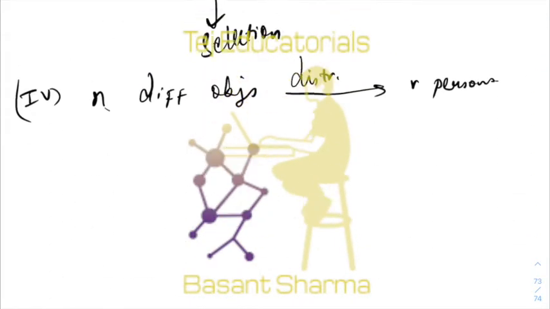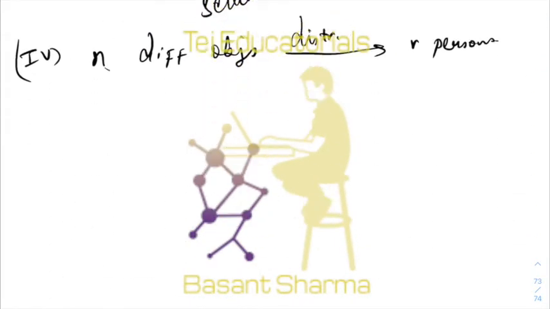Now the fourth case is n different objects are to be distributed amongst R persons. Again there is no restriction.